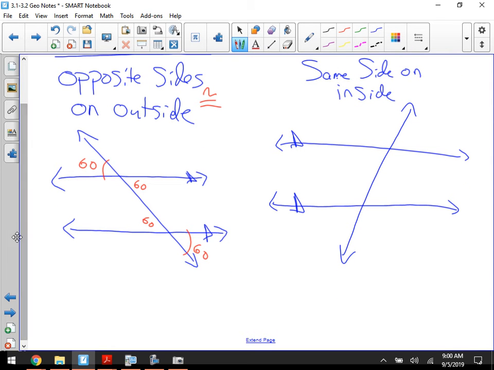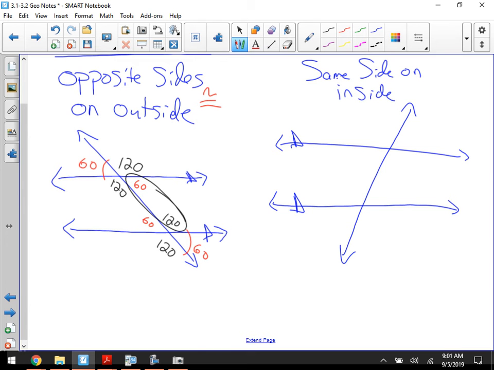If we know that 60 degrees is on one side of an angle, what's supplement to 60? 120, good. So if this is 120, that means, what does this have to be? Which means, what does this have to be? What's the relationship between those two?